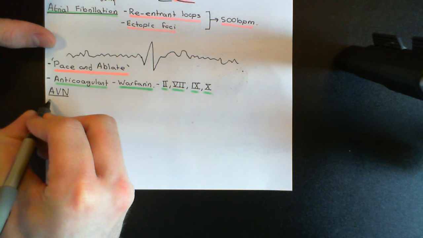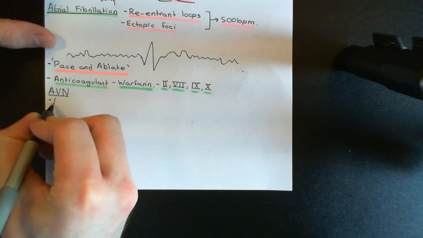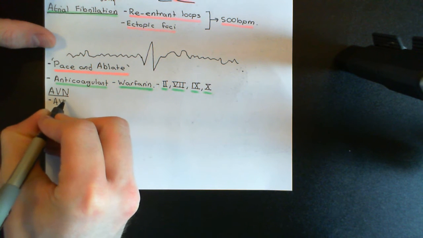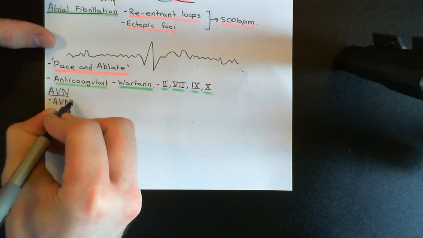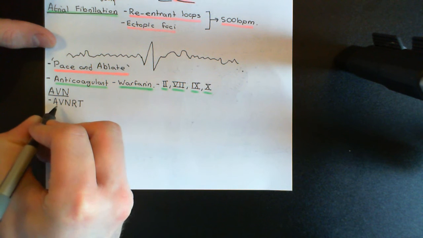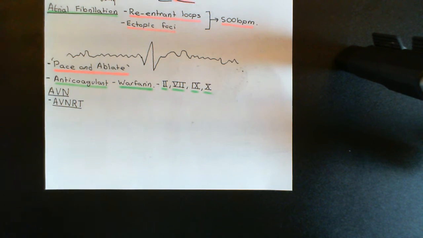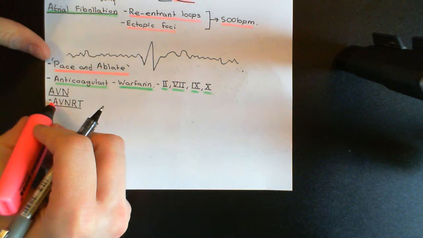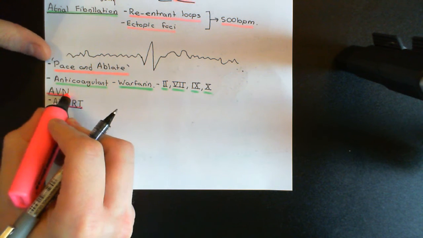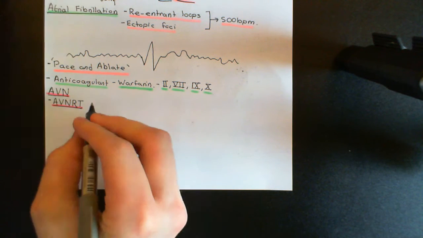So the one that I want to discuss is what's known as AV nodal reentrant tachycardia, and for short this is abbreviated to AVNRT. Okay, so this stands for Atrioventricular Nodal Reentrant Tachycardia. I'll write it out in full.